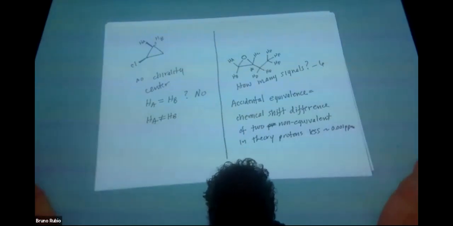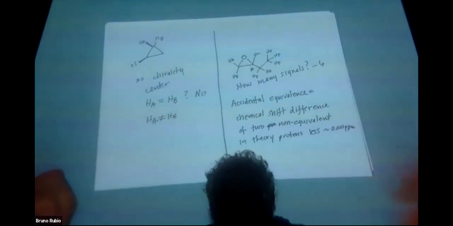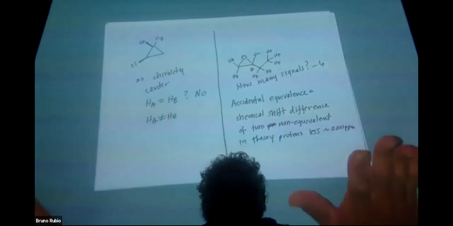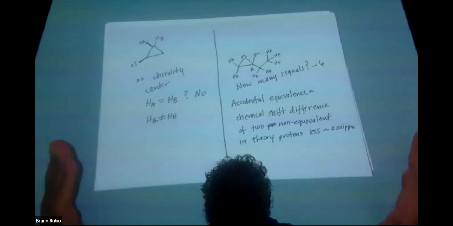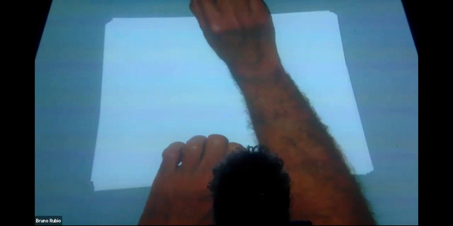So that's the limit of resolution of the spectrometer. This is just something that we have to be aware of, that protons that are not supposed to be equivalent are sometimes equivalent anyway. All right, so let's look at some spectra, some nice clean examples and then some examples that aren't as clean.